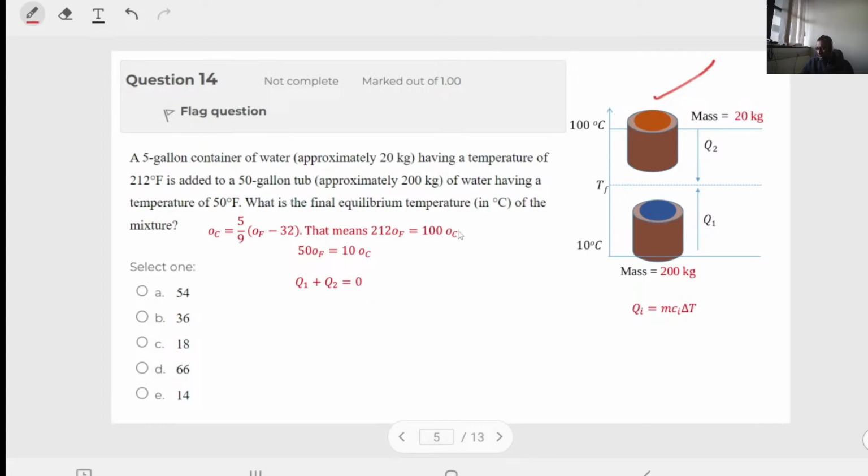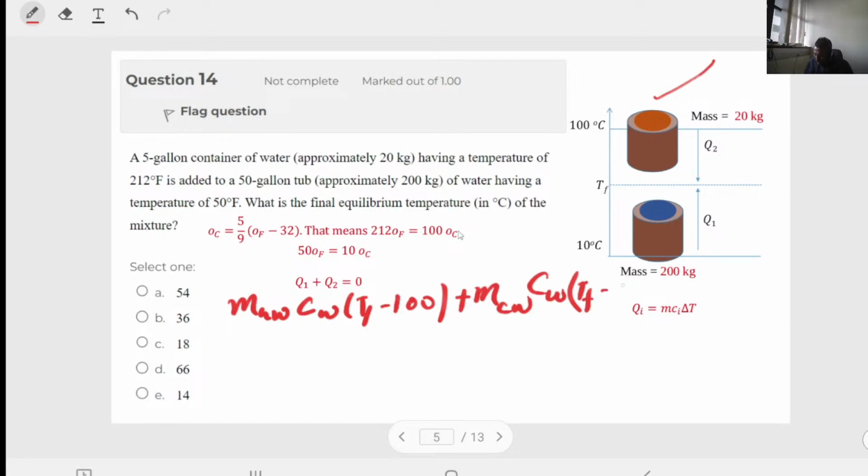I know Q. Therefore, for the first one, it's just water. Then I'll simply write the mass of the hot water, C of water, delta T, which should be T final minus 100, plus the mass of cold water, C of water, times the final temperature, T final minus 10, must be equal to 0.